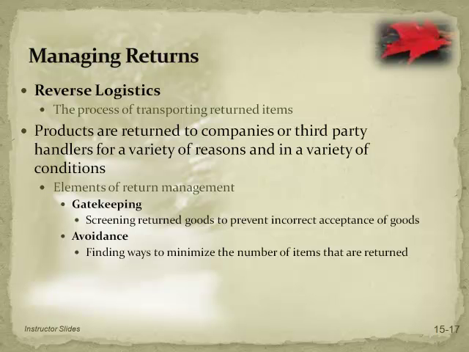The management of reverse logistics is extremely complicated, and there are a lot of areas for improvement in supply chains. One of the difficulties involved with reverse logistics is in the area of gatekeeping. What we mean by that is that many products have a warranty associated with them, but the warranty periods are not that long.